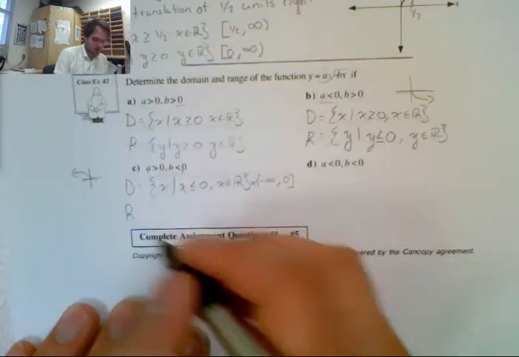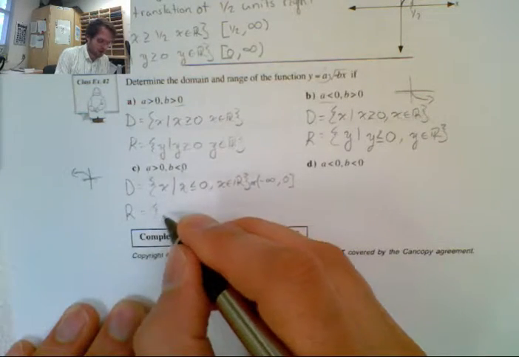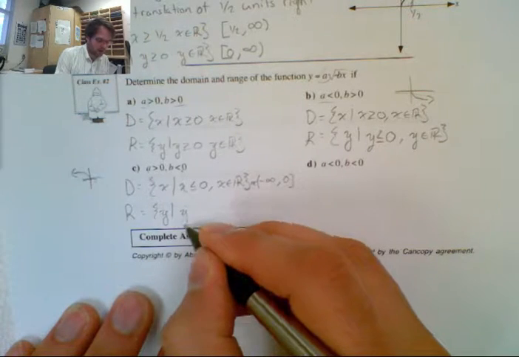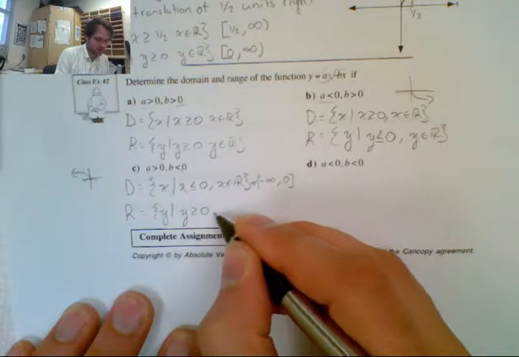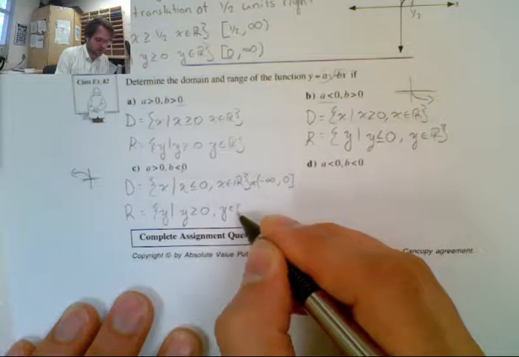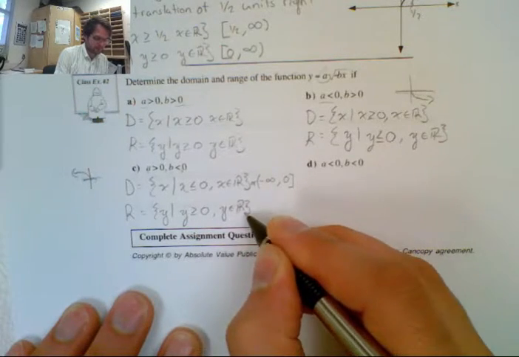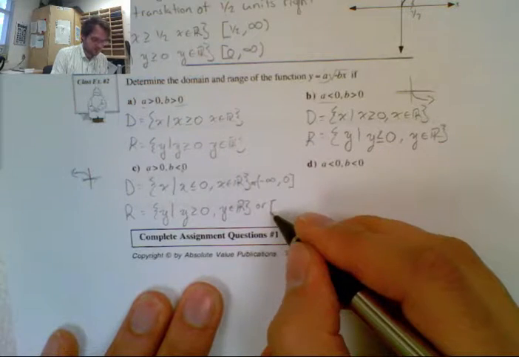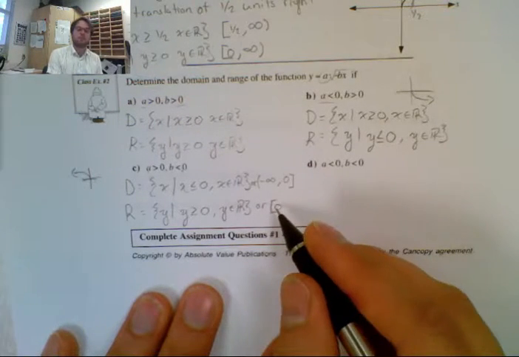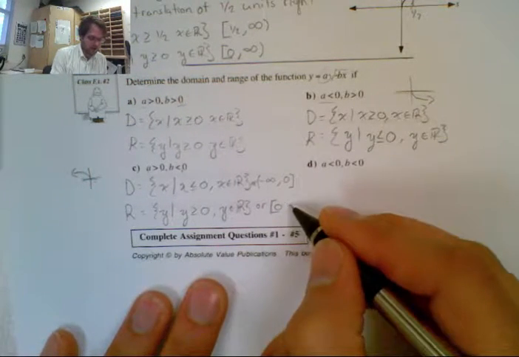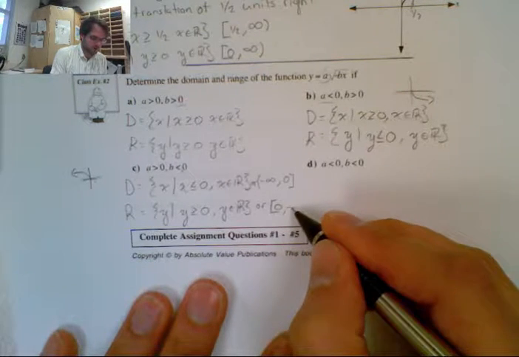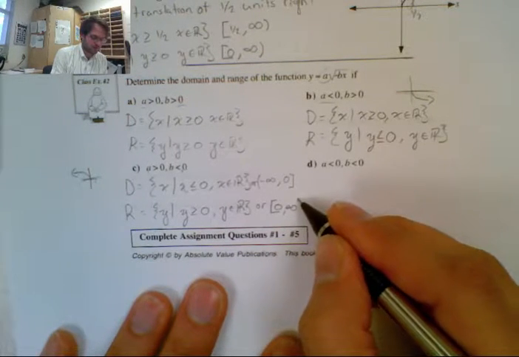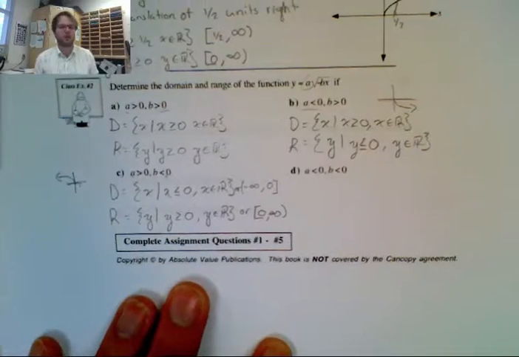My range, everything's going to be positive. So we're looking at y such that y is greater than or equal to 0, and y is an element of all real numbers. Or we could put it like this. We know its minimum is 0, and its maximum goes on forever. So that's just going to be infinity. And we have the circular bracket.